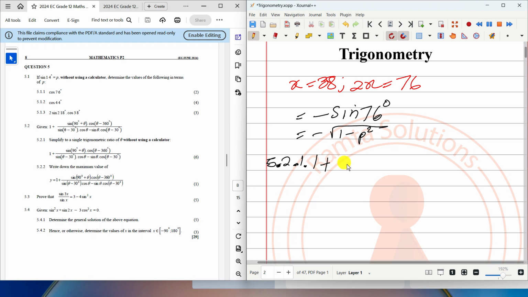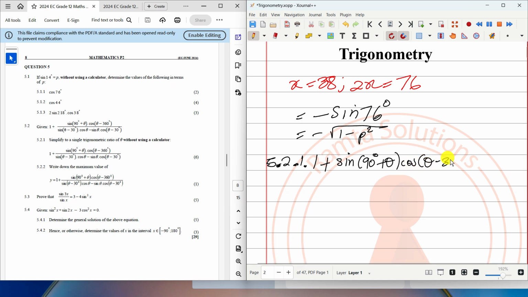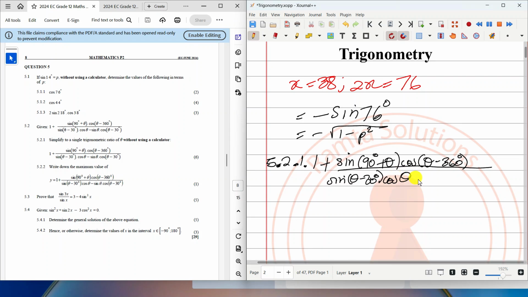I need to write it tightly: 1 plus sine of 90 plus theta and cos of theta minus 360 degrees, over sine of theta minus 30 degrees cos theta minus sine theta times cos of theta minus 30 degrees.